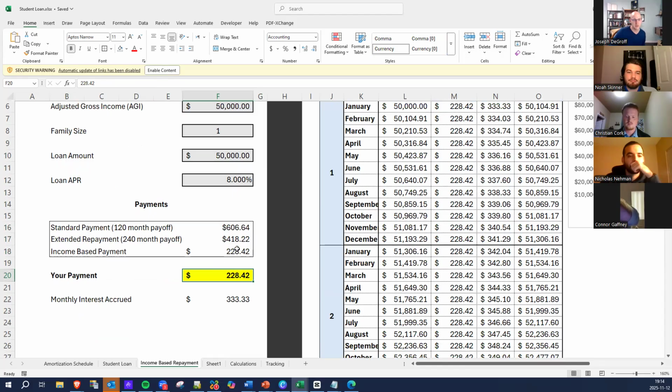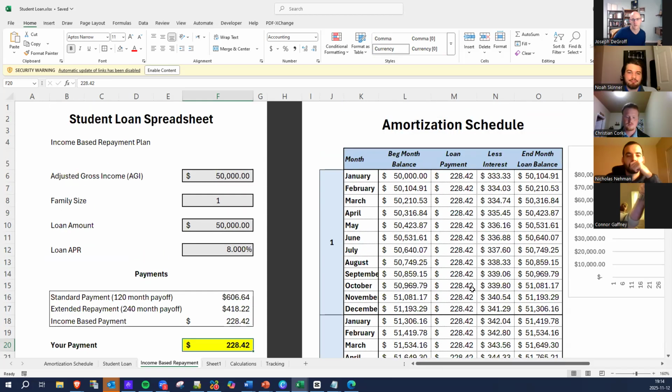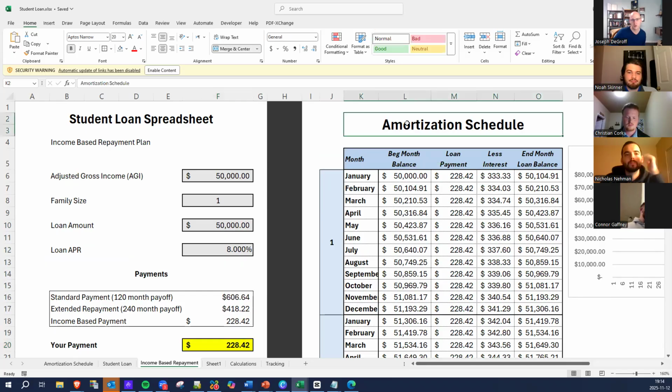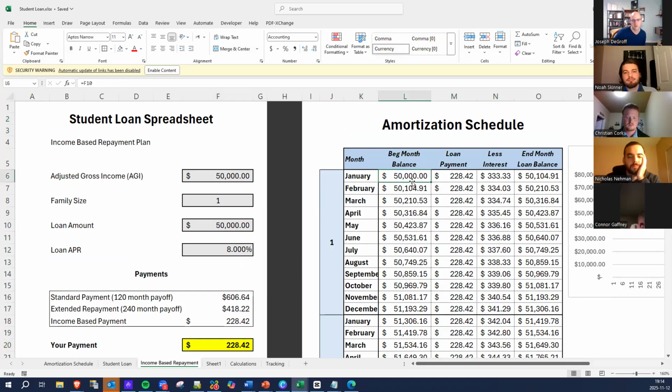Problem is, if the income-based payment is not more than your interest, then like in this instance, you're paying $300 a month in interest and only paying $228 on your loan. So this is what happens with people: it's no longer an amortization. It's actually making the loan very much alive.